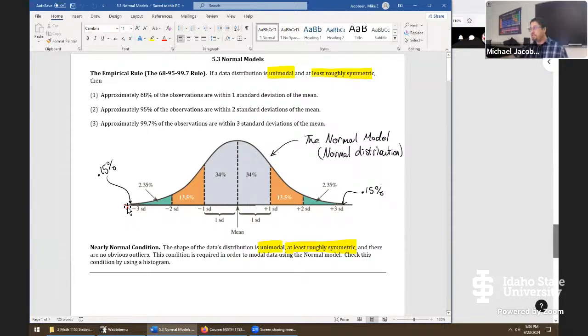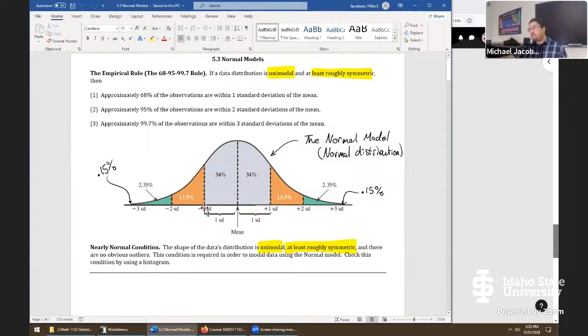And we found that there's percentages given in these quantities for the distances you are away from the mean. For example, if you're between 1 standard deviation and 2 standard deviations to the left of the mean, left meaning negative, then that'd be about 13.5% of the data in your sample.